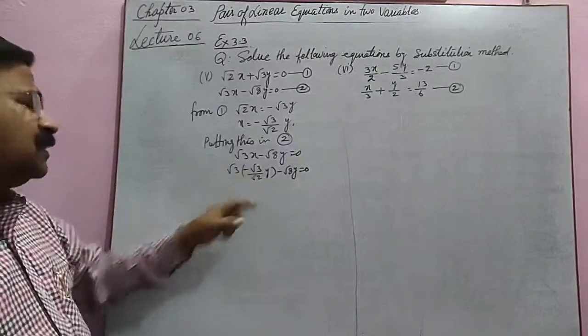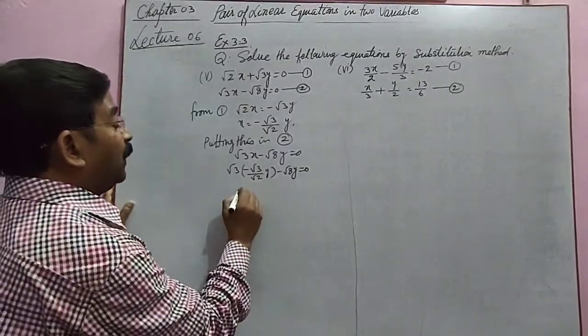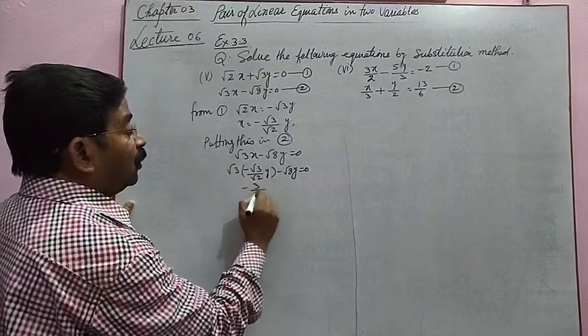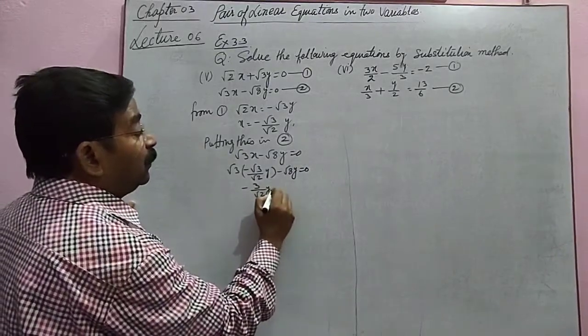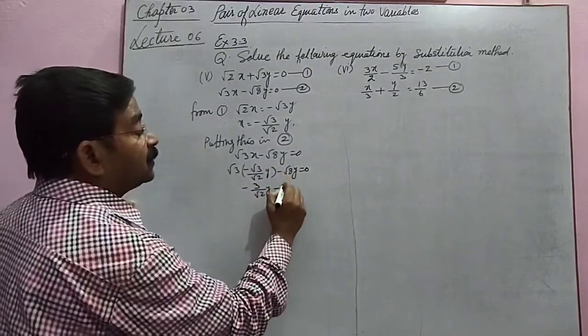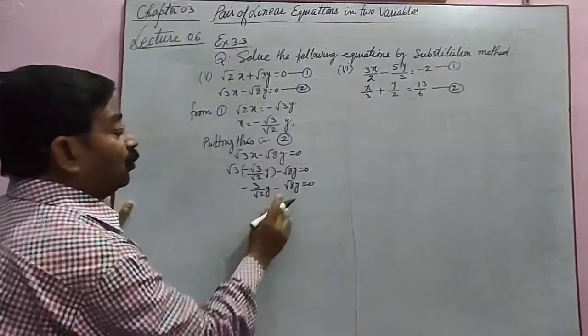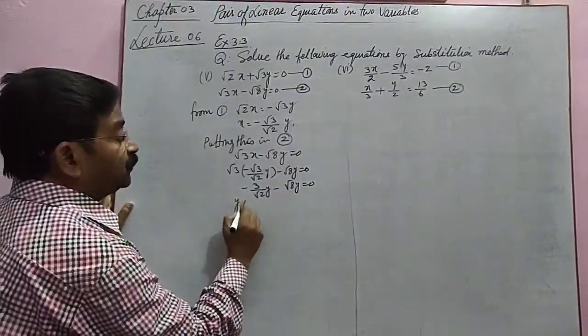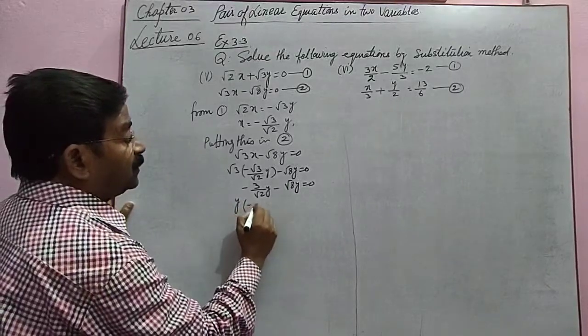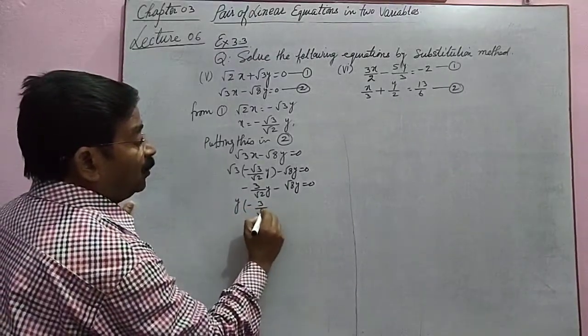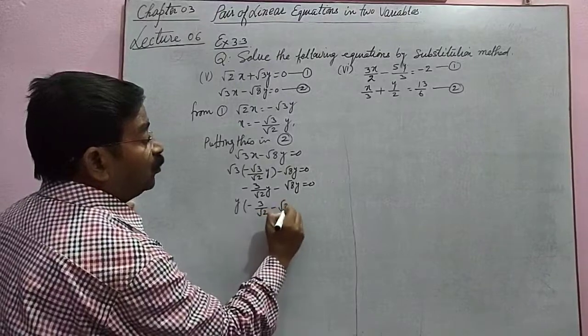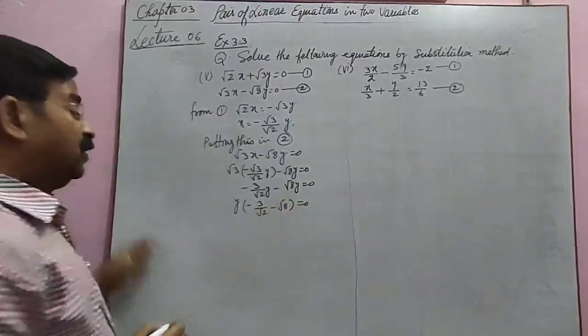You can multiply this. We have minus 3 upon root 2 y minus root 8y is equal to 0. y is common. So we have minus 3 upon root 2 minus root 8 is equal to 0.